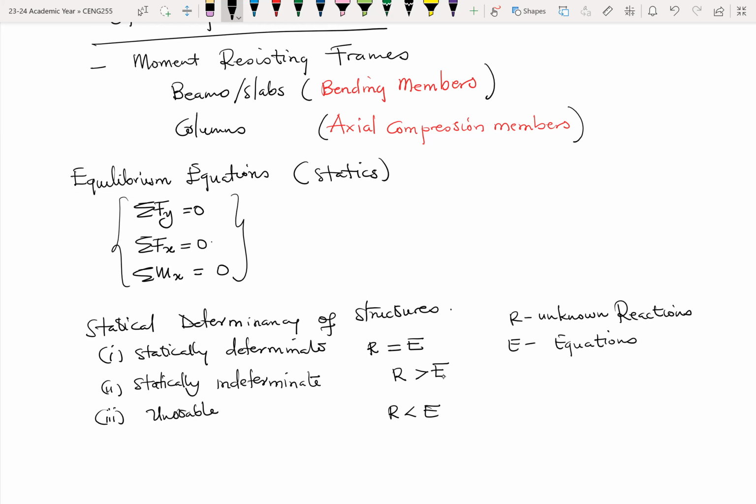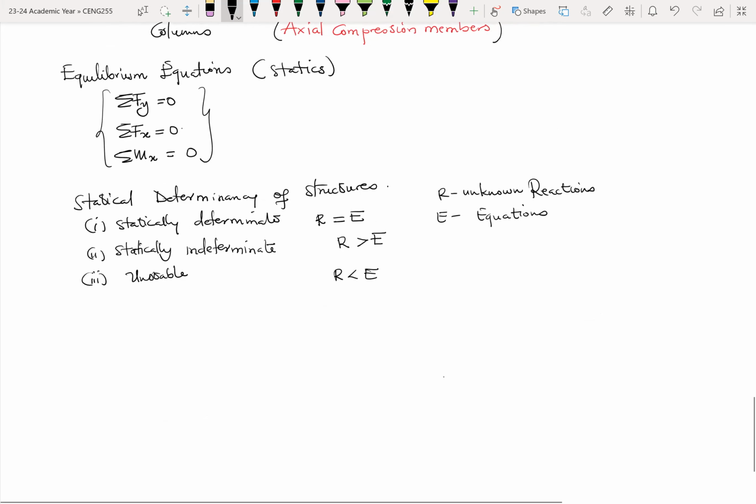These describe what we call external static behavior. You can sometimes have the number of reactions equal to the number of equations, but your structure can still be unstable. An example is this.